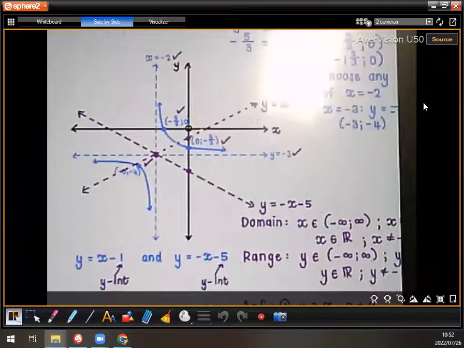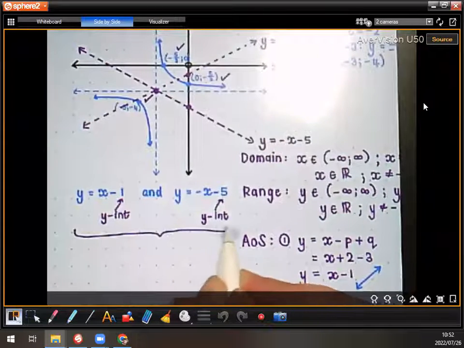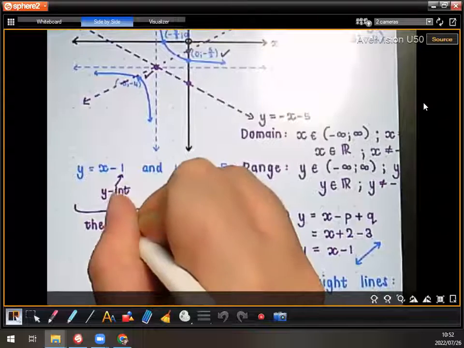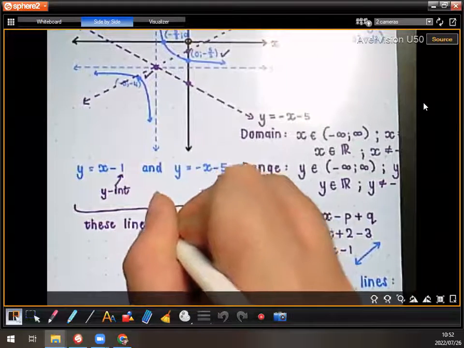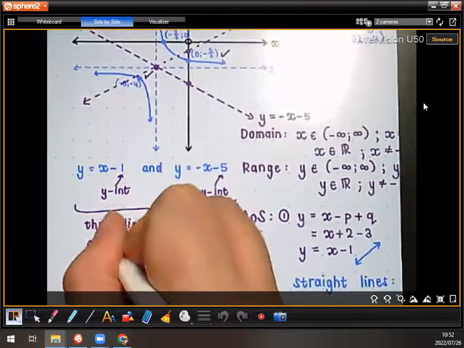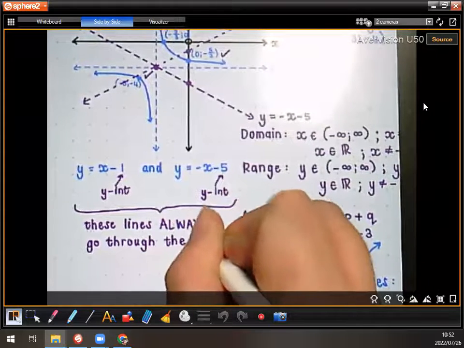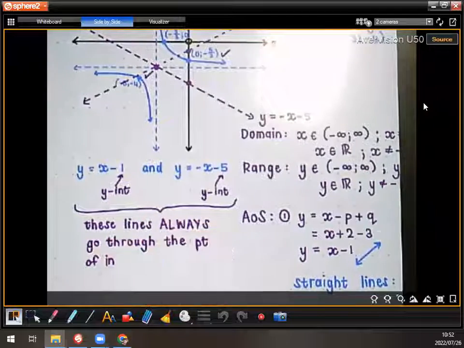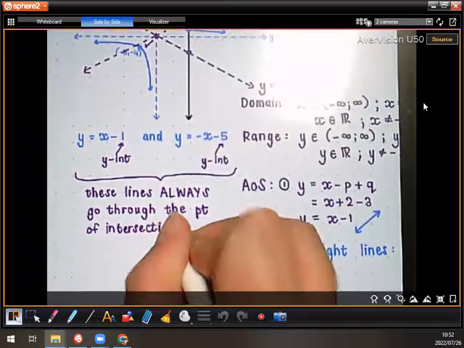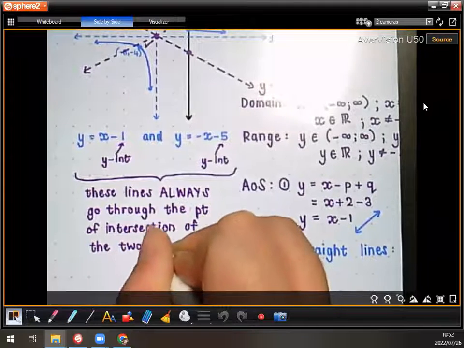All right. Now, I just want to also write here: for your axis of symmetry, you are going to do your y-intercept, and these lines always go through the point of intersection of the two asymptotes.